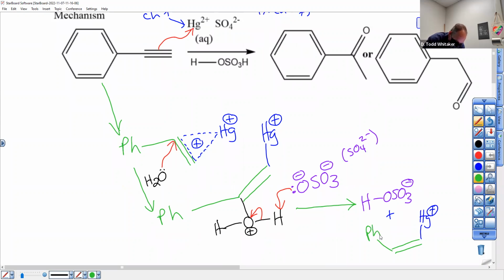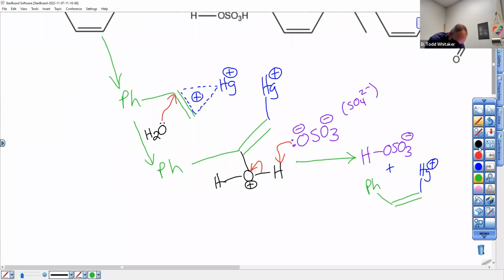And now it's an enol on the more substituted carbon. You're wondering what's next. It's an enol, but before you do tautomerization of the enol, you have to do something called, and it's a new name, that's why it's showing up here.